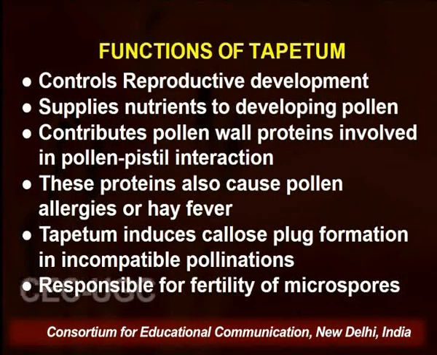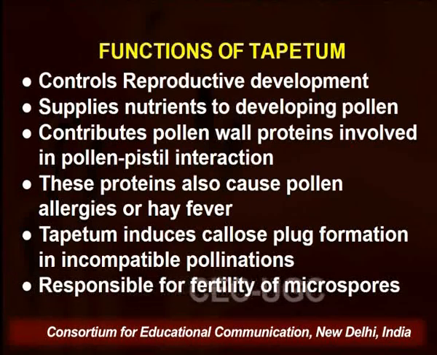Now, functions of a tapetum. Of course, tapetum is involved in supplying nourishment to the developing pollen grain. It is the most important wall layer of the anther as it controls the reproductive development, because tapetum is the intermediate between the gametophytic and the sporophytic tissue of the anther.